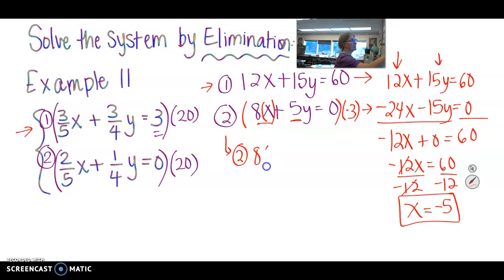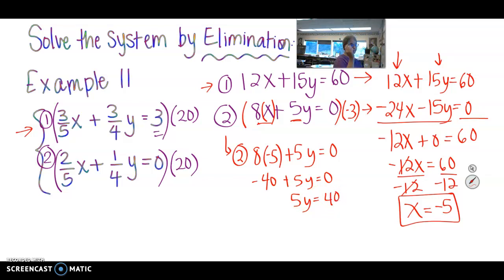So 8 times negative 5 plus 5y equals 0. That's negative 40 plus 5y equals 0. Add 40 to both sides. This side will be 5y, and adding 40 to 0 equals 40.